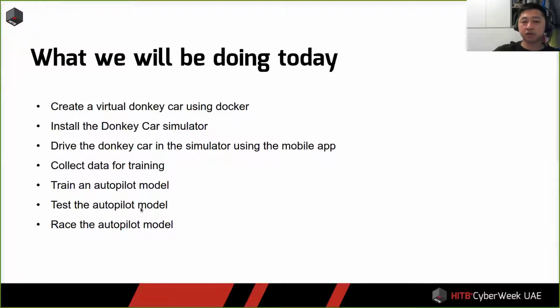Then you can test the autopilot model in the simulator, and then send that model to me, and I can get all your autopilot models and show you how your model is doing against other participants. Okay, so this is what we are going to do today.